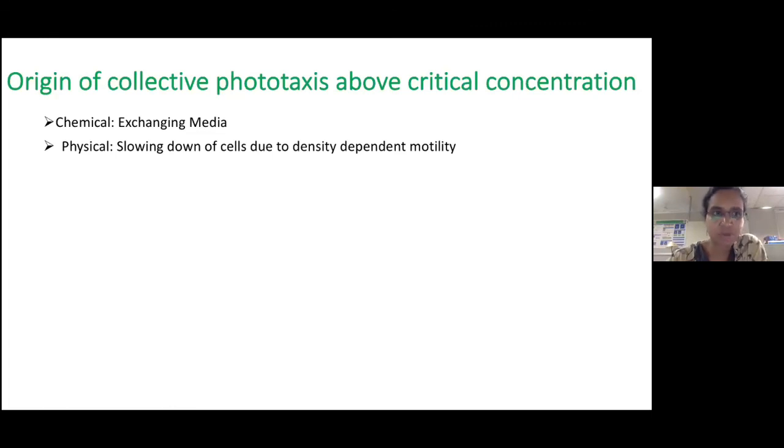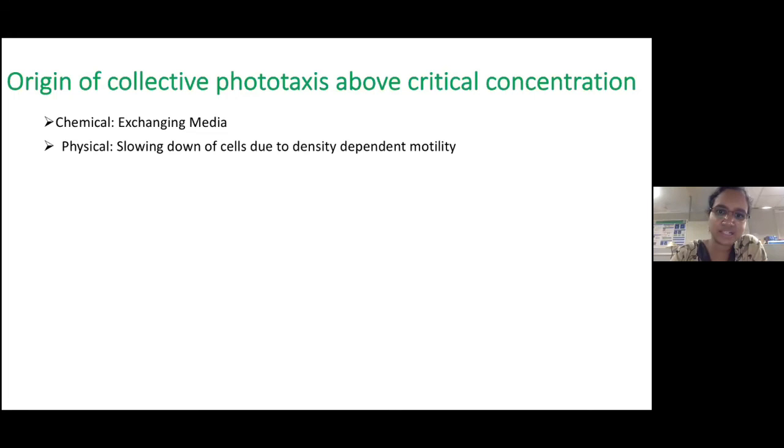Essentially what we were asking is why does the phototaxis efficiency go up as you go above the critical concentration? Our initial hypothesis was maybe the cells are secreting something which is helping each other in terms of finding the light. But exchanging media and careful experiments did not point to a chemical signaling pathway.